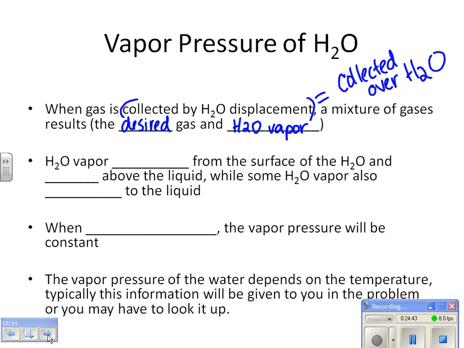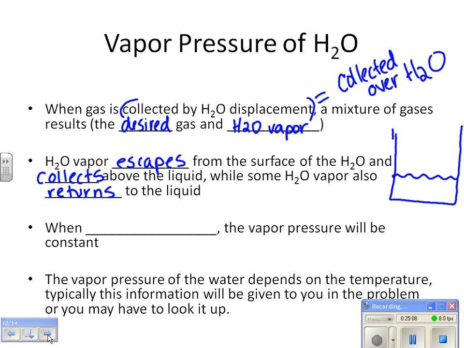How does that happen? Well, some water vapor escapes from the surface of the water, and it collects above the liquid. At the same time, some water vapor returns or condenses back into the liquid state. Here's a picture. There's the liquid water. It's a closed container.